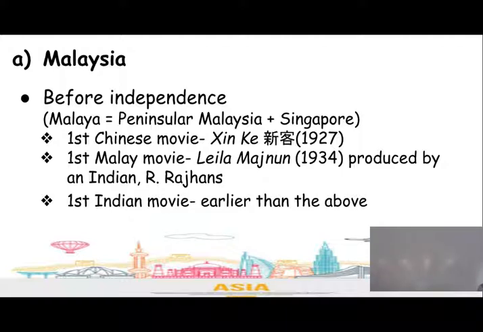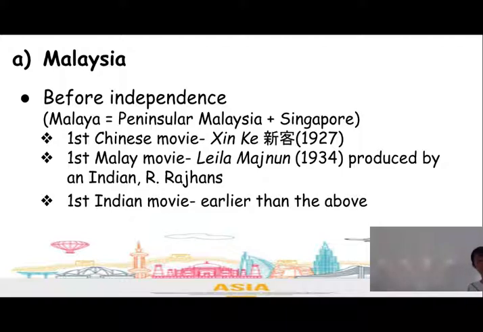Sin Ke is a story about immigrants from China to Singapore. Many will claim that this movie is not the first movie produced in Malaysia, but the first movie produced in Singapore. But in 1927, we hadn't got independence, so Singapore was also considered a part of Malaysia.